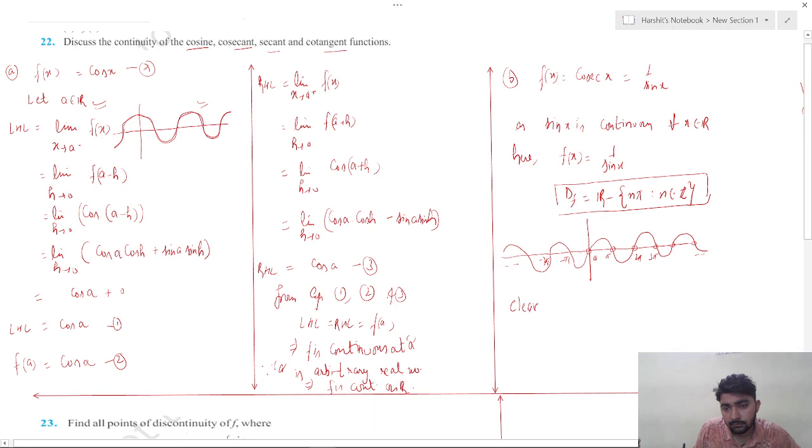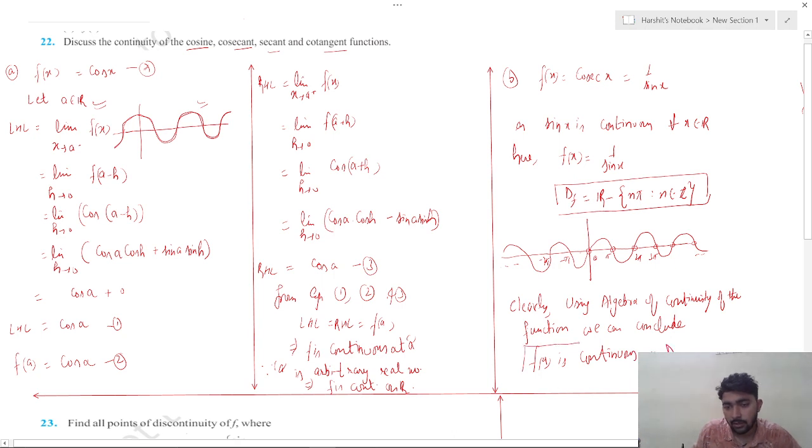Clearly, using algebra of continuity of the function, we can conclude f(x) is continuous on Df.